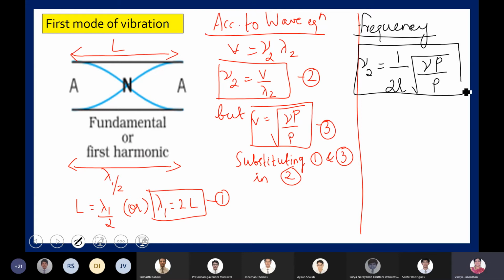So this is nu 1. Sorry, everywhere I'm making mistakes. First, so nu 1. So what is this? You call it the first harmonic.